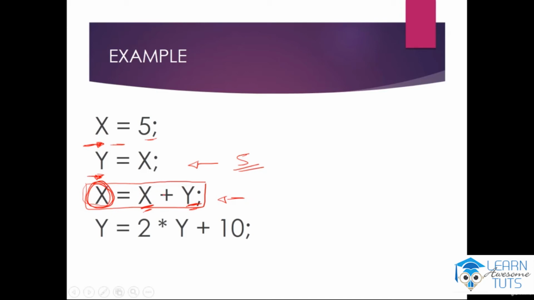So what will be the new value of the variable x? Stop the video and write it in the comments, please. As you could see, the answer is that the new value will be what the value of variable x was. The value was 5. And what the value of the variable y was. The value was also 5, as you could see from here. So the new value of the variable x is 10.